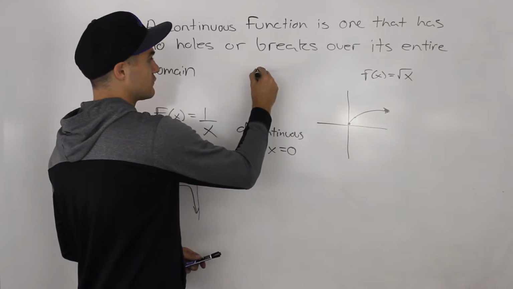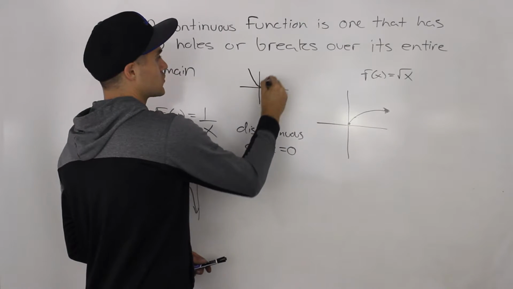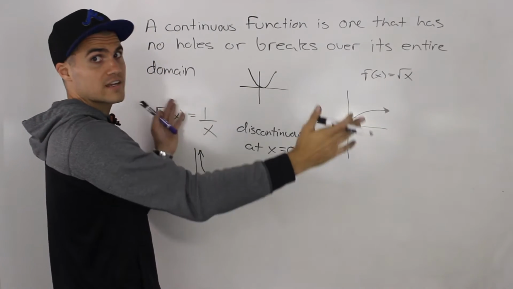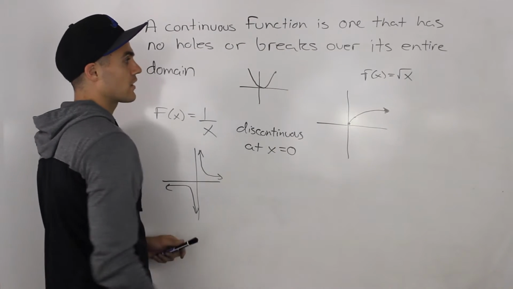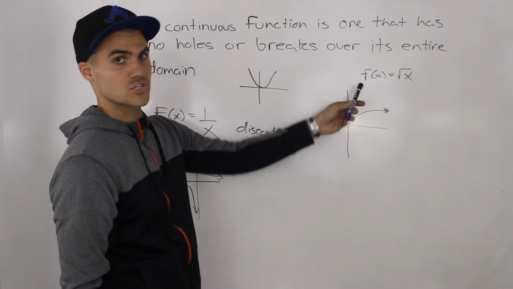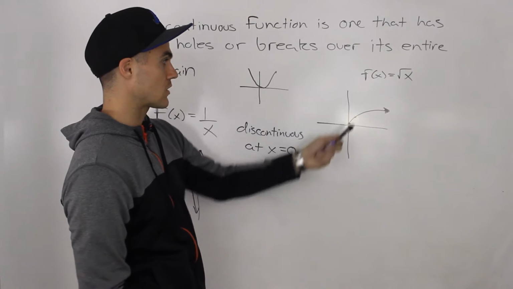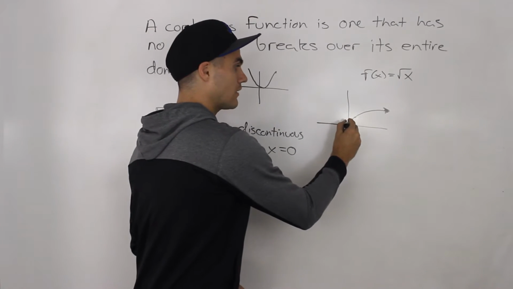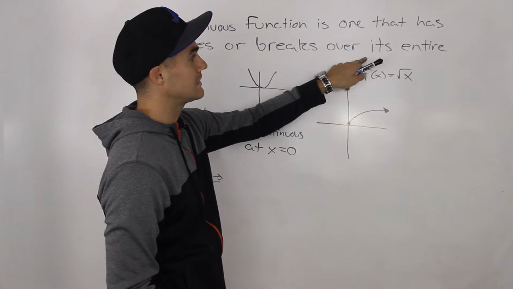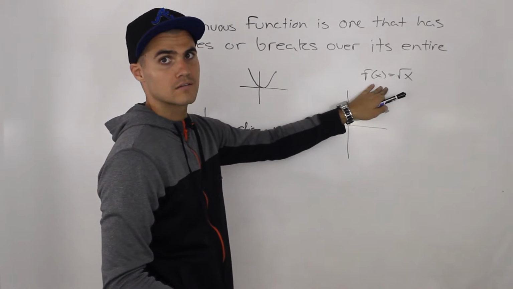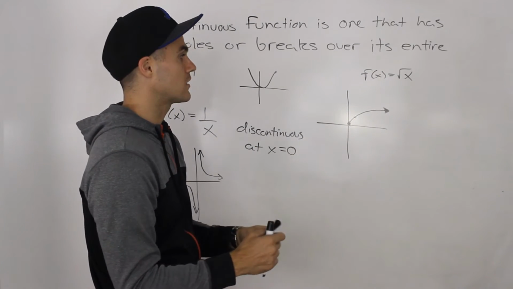It doesn't have to be just a function like x squared, where for all x values the domain is all real numbers and there's no holes or breaks. You can also have functions that have a limited domain like the square root of x, but as long as over its, and its here means its unique domain for that specific function you're dealing with.